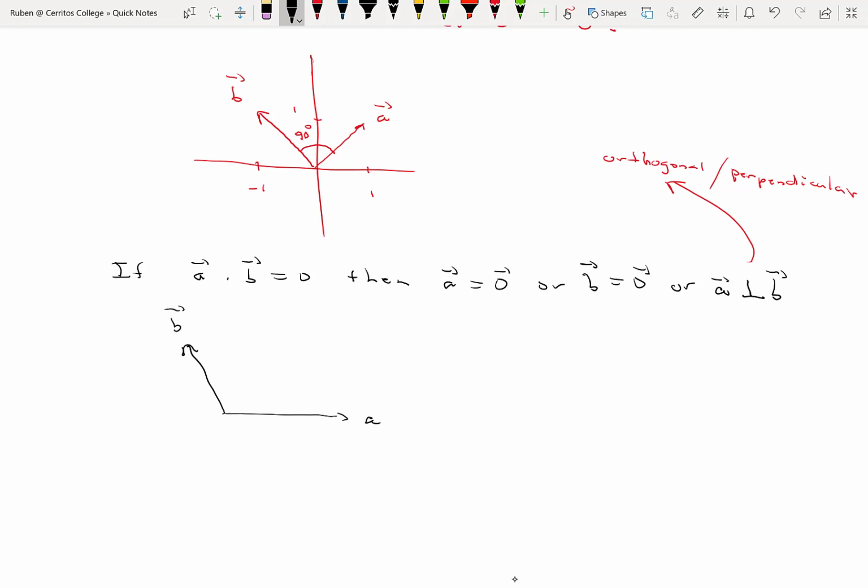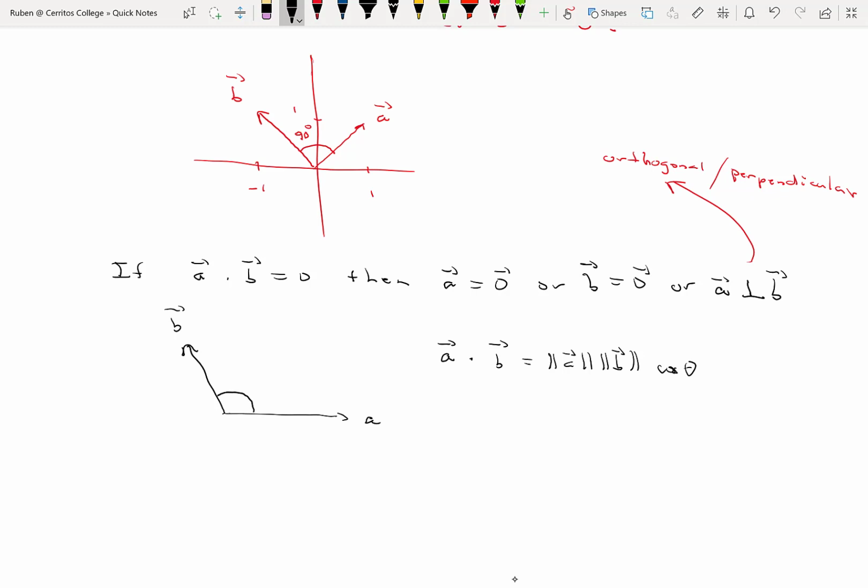A dot B. And I'm not even giving you the length of either of the vectors. A dot B is length of A, length of B, times the cosine of the angle between the vectors.